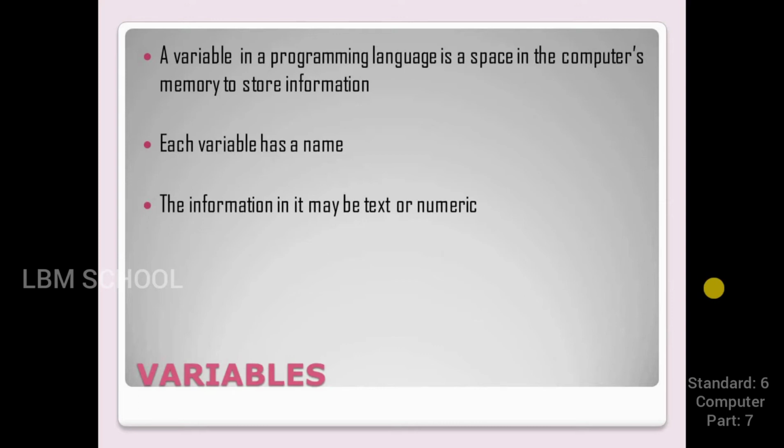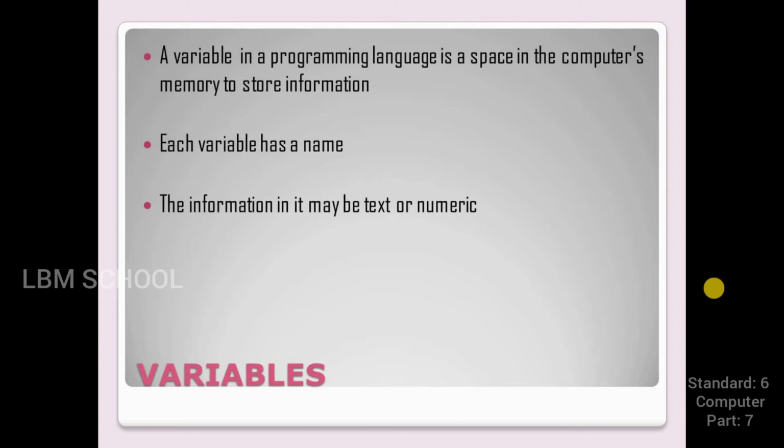Actually, a variable is a space inside the computer's memory, which is blocked with a name, so a variable has a name. There are different types of variables that we will learn later. It is a space in the computer's memory to store information in the form of any text or any number.